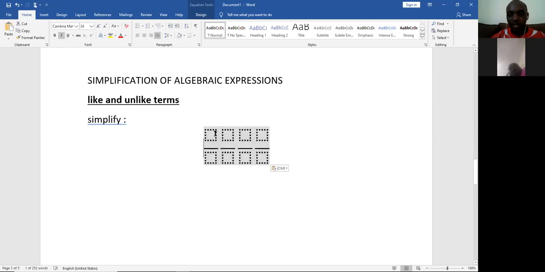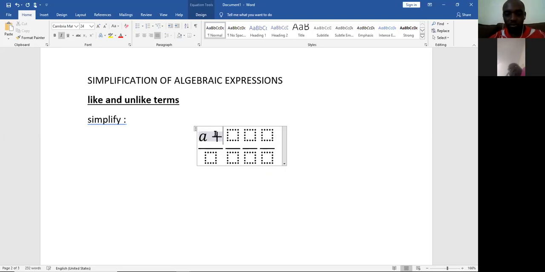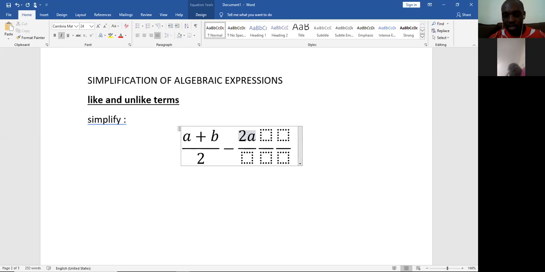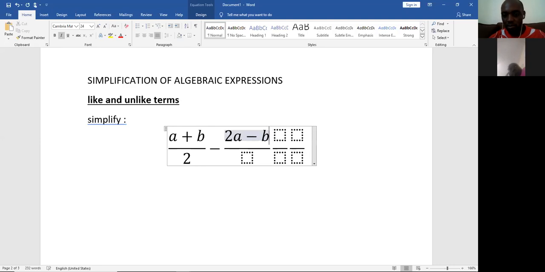Okay, so simplify a plus b over 2 plus b over 2 minus 2a minus b over 3.